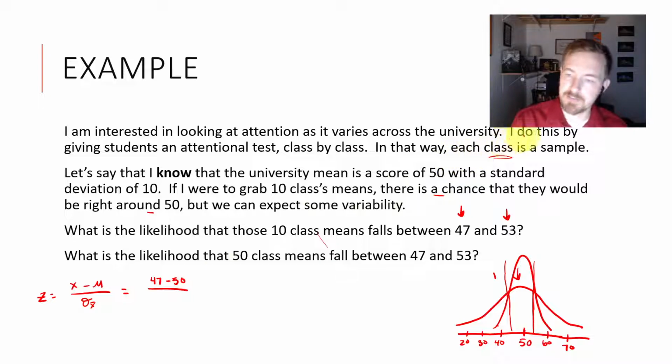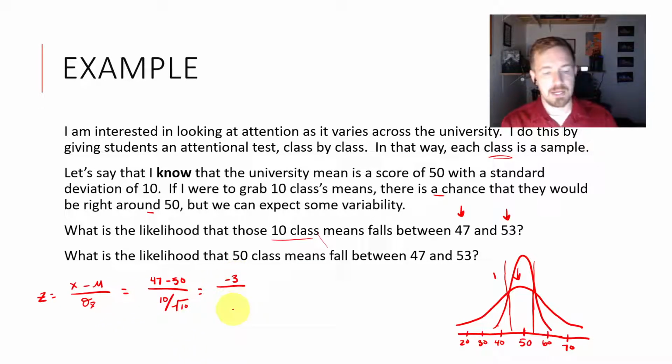So we got our standard deviation, which is 10. I'm going to write that in here, and remember that 10 is then going to be divided by the square root of the sample size, or how many samples we got. So here in this question, I had 10 class means, which means I had 10 separate samples, so it's going to be divided by the square root of 10. Whenever I do that, that's going to give me -3 in my numerator, and then for the denominator, I need to break out my calculator.